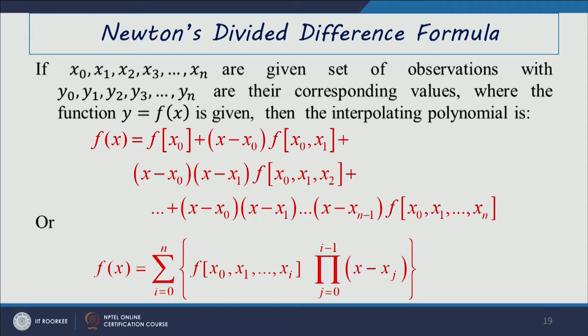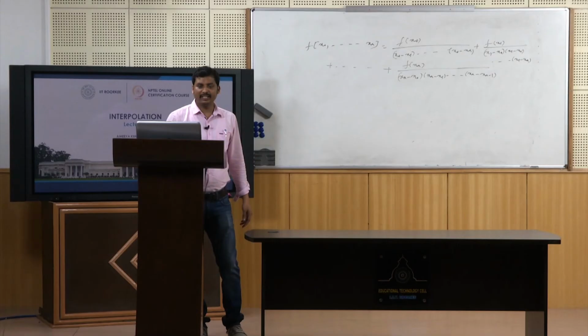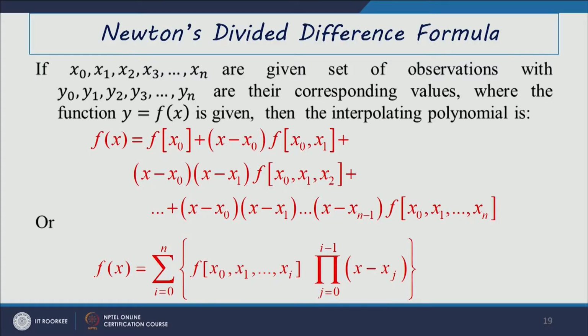So, if we want to express it in the divided difference formula, then we can use it in the form f of x equals f of x0 plus x minus x0 f of x0 x1 plus x minus x0 x minus x1 f of x0 x1 x2 plus up to x minus x0 x minus x1 up to x minus xn minus 1 f of x0 x1 to xn.